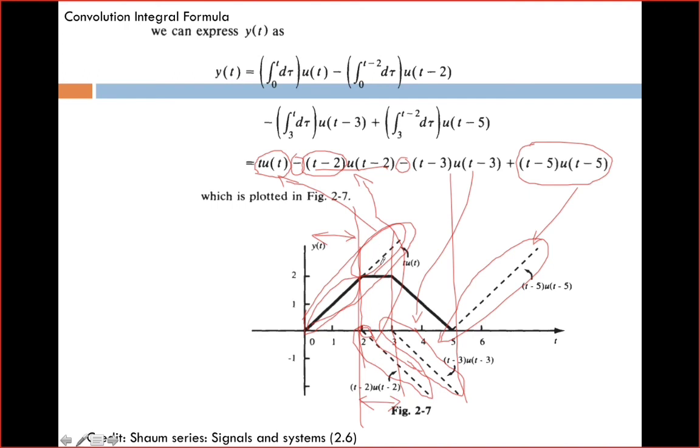When we add these two functions, I will get 2.